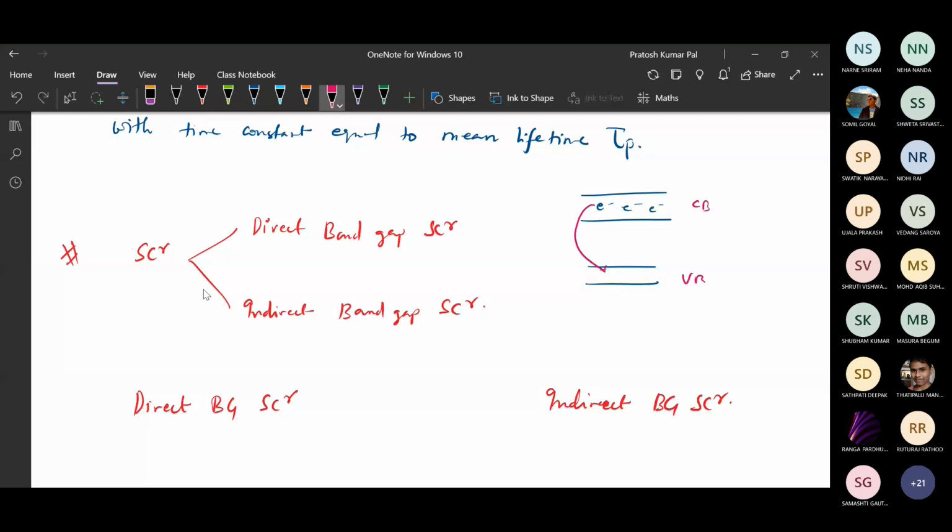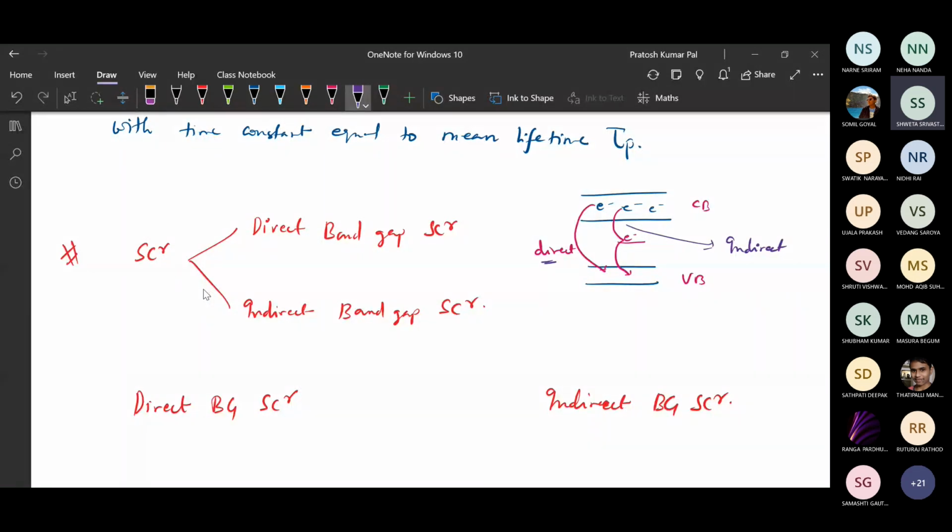Sometimes this electron moves to the valence band but with some hopping: it first reaches a particular level here, and then from here it moves to the valence band. These types of semiconductors are called indirect band gap, and these are direct band gap semiconductors.